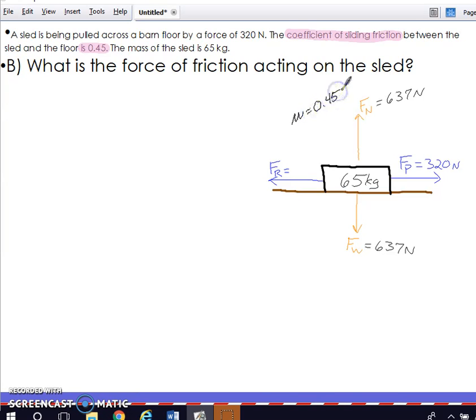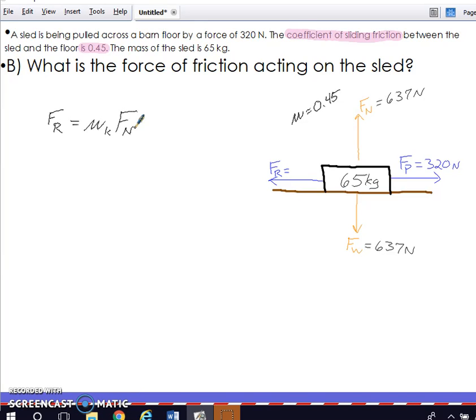That's a little bit of information that doesn't really belong on any of these arrows, but just off to the side so I know, and I'm going to need that. Now, it's a good thing we just learned the equation for friction, which is friction is equal to mu k, kinetic in this instance because it's sliding, times the normal force. And boy, it's a good thing we solved for that normal force.